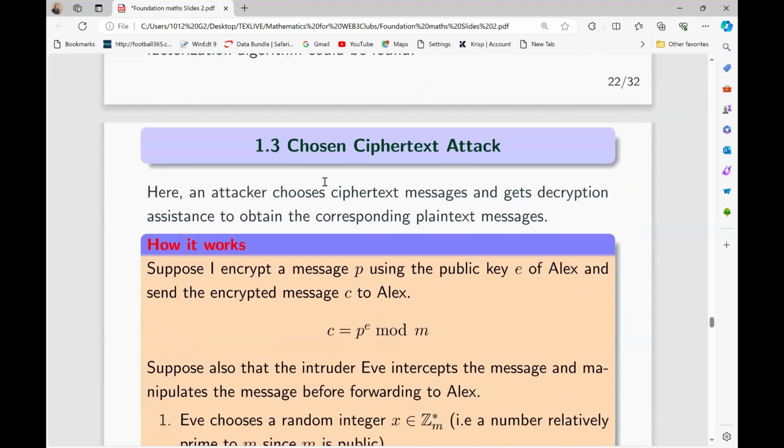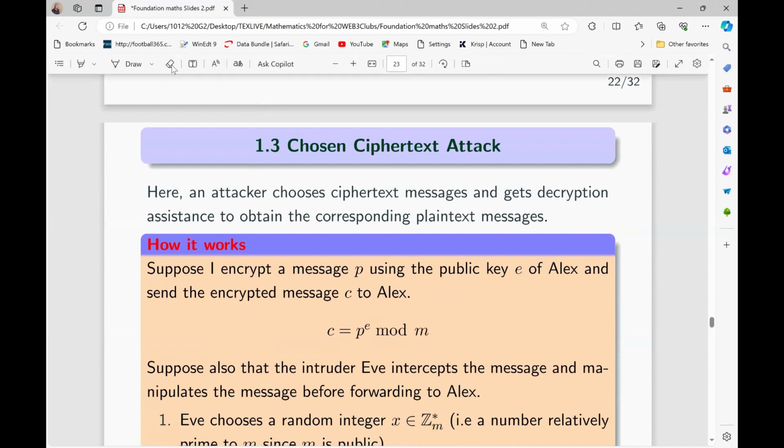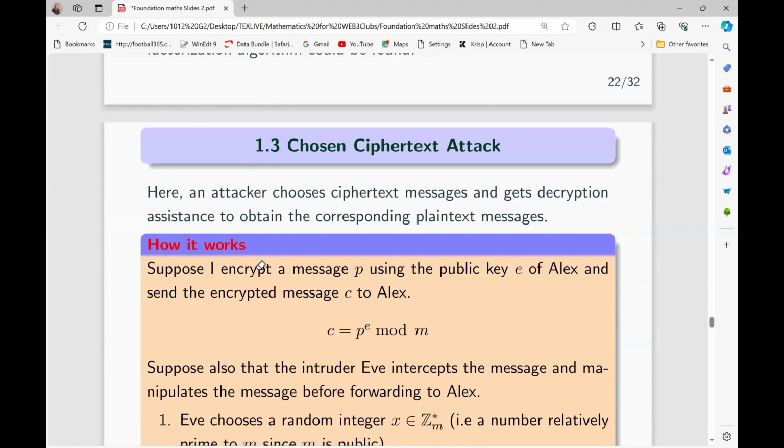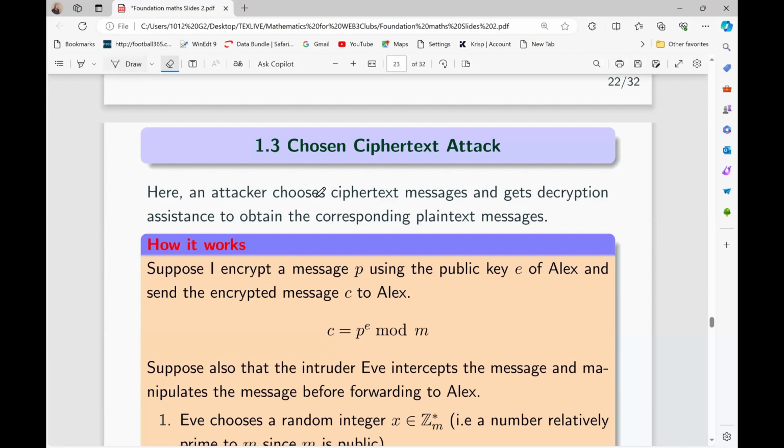Now, the other method of attacking is what we call the chosen ciphertext attack. How it works is that, supposing I was to send a message to somebody, and let me say my message was P, and then I create a ciphertext out of that and send it to the person I want to send to.